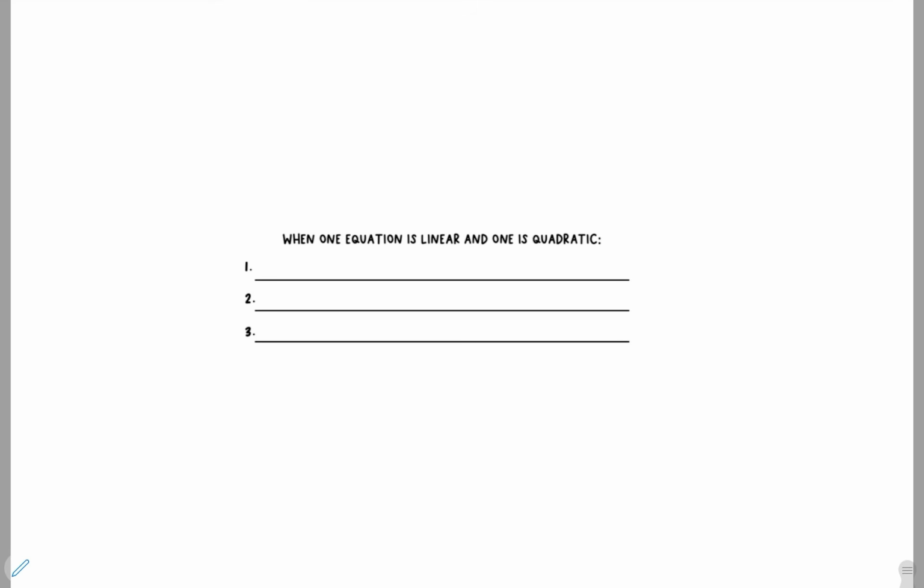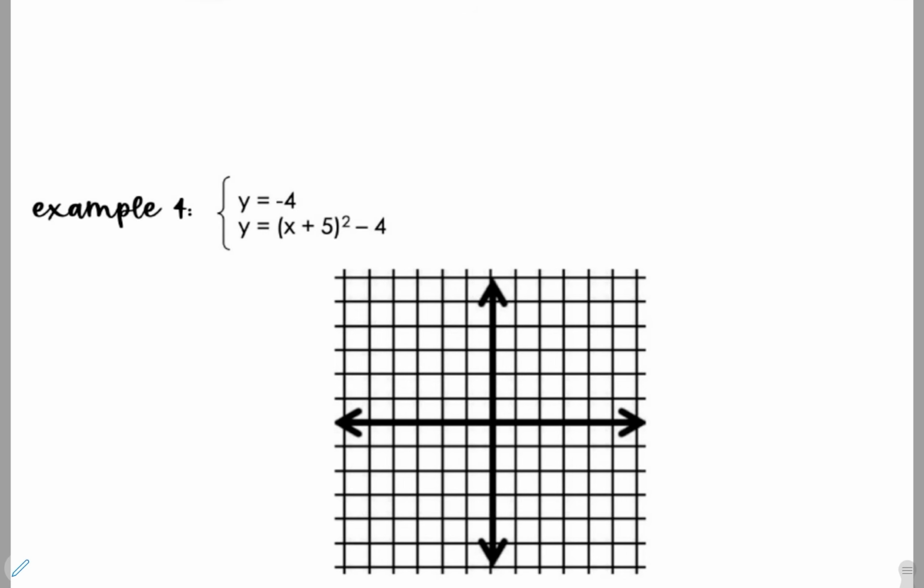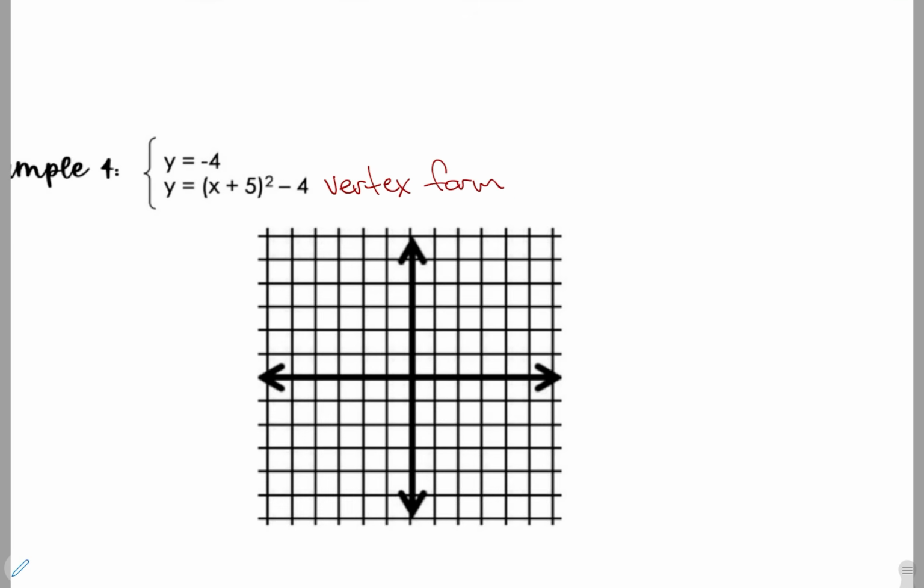Now, we'll do this part later. Let's get into the work. They start us off real good. This one right here is in vertex form. We like that. The vertex is at -5, -4. -5, 1, 2, 3, 4, 5. 1, 2, 3, 4.